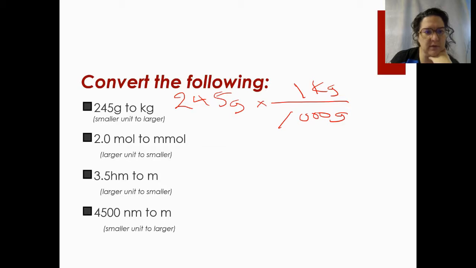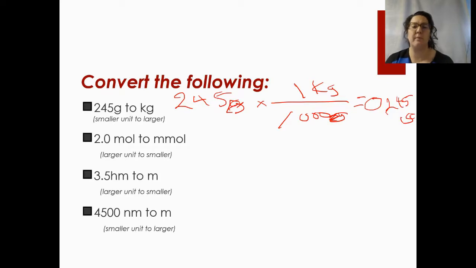Then the gram unit crosses off on both. We go 245 divided by 1,000, and we get 0.245 kilograms.